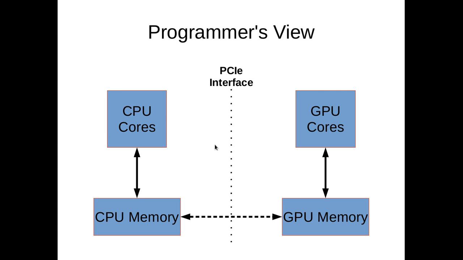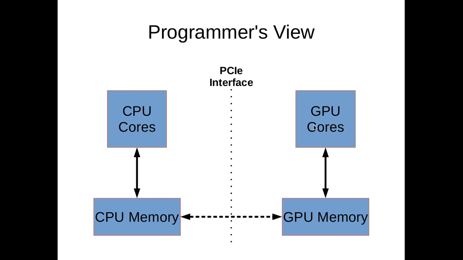Now if I want to write a GPU code, by default that code will run on the CPU. Whenever I want to use my GPU device, I can transfer some of my arrays from CPU memory to GPU memory. Then I can call a GPU function which will execute on the GPU, and it will access and modify the data available in the GPU memory.